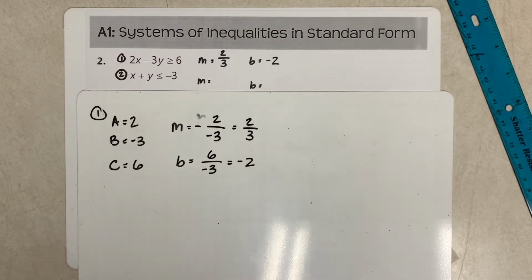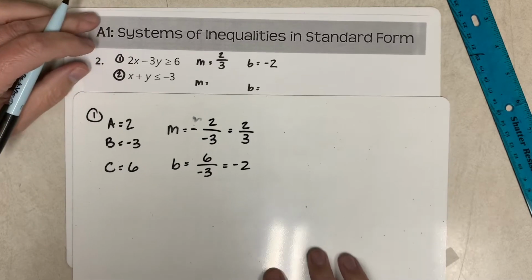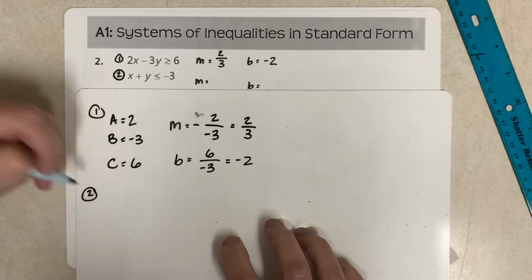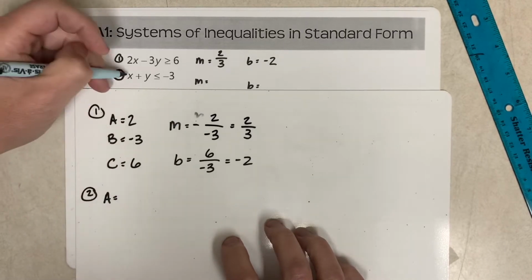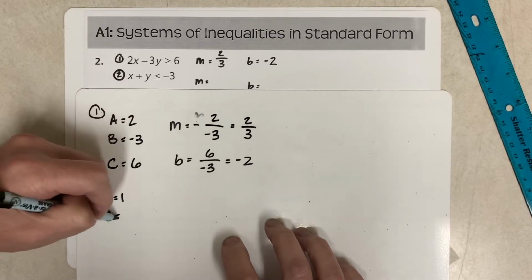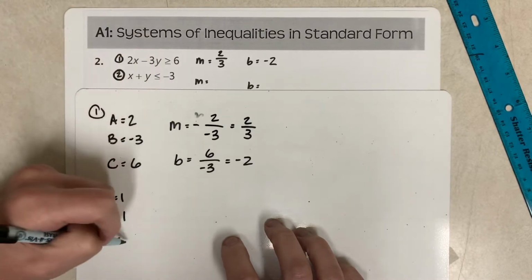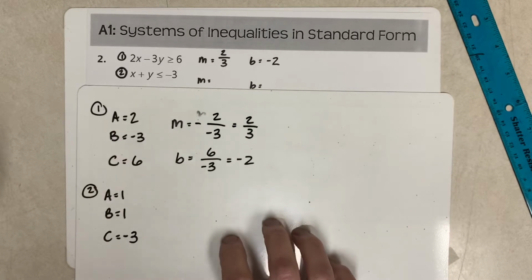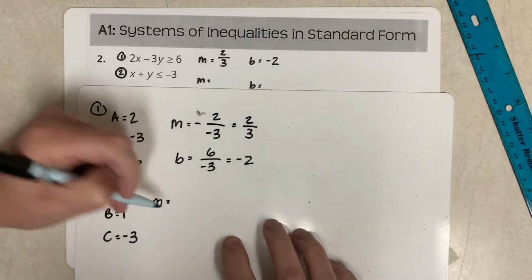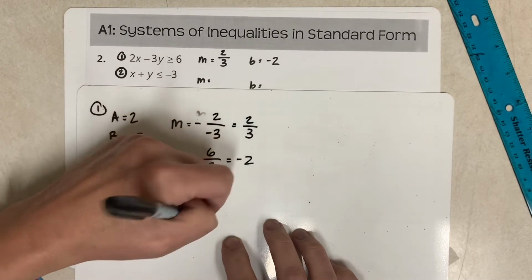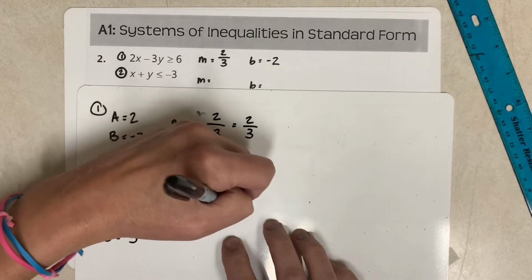My second boundary line, I can go ahead and do that down here. That's fine. My second one. My A value for that one is 1. My B value is 1. My C value is -3. And so now I'm going to have the slope -a over b, 1 over 1, which is going to simplify to just -1.